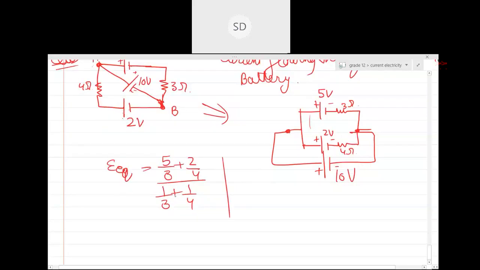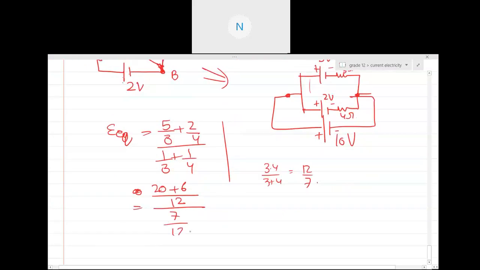And what will be the R equivalent? 3 into 4 upon 7, which is 12 upon 7. The E equivalent is (20 plus 6) upon 12, divided by 7 upon 12. The 12 cancels out, so this will be 26 upon 7 volt.